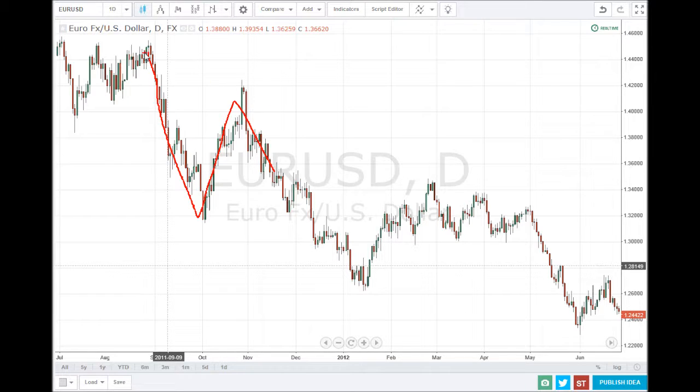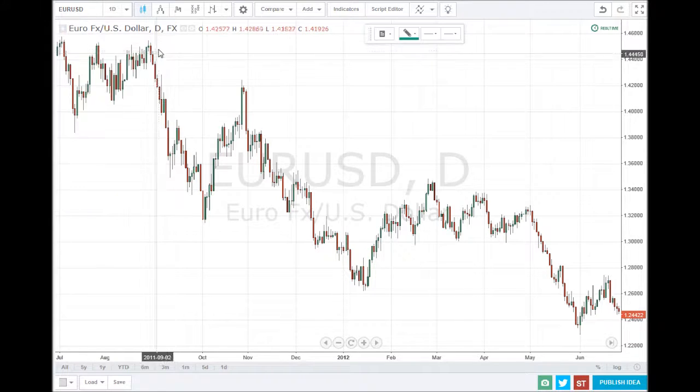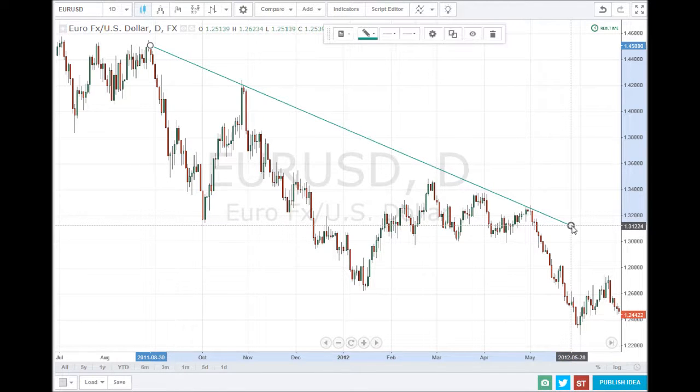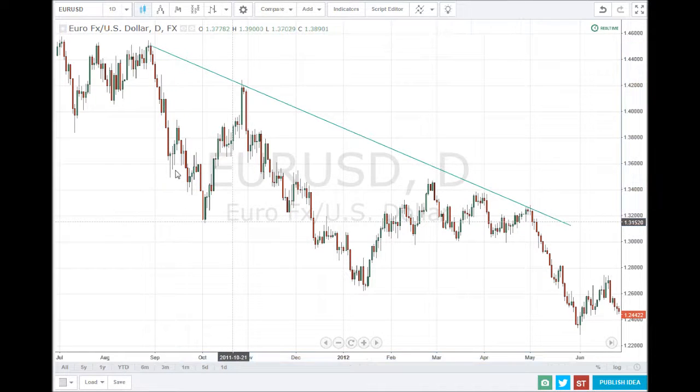Once this pattern is formed, we can create a potential channel resistance using a trend line. We can join these highs together. We can also mark a support at the end of this rally on the downside and retracement.